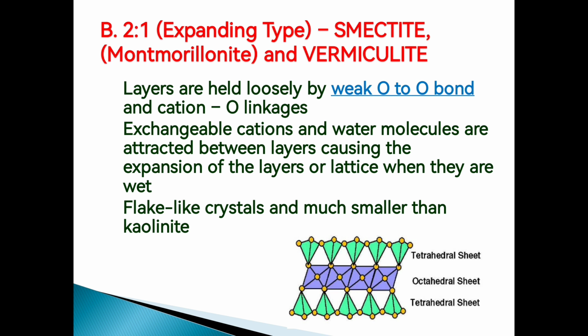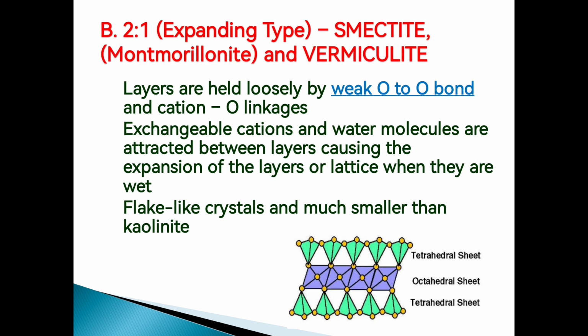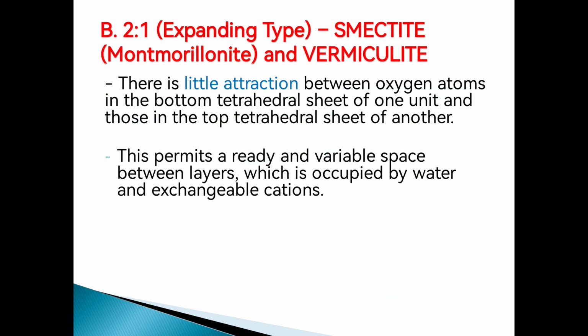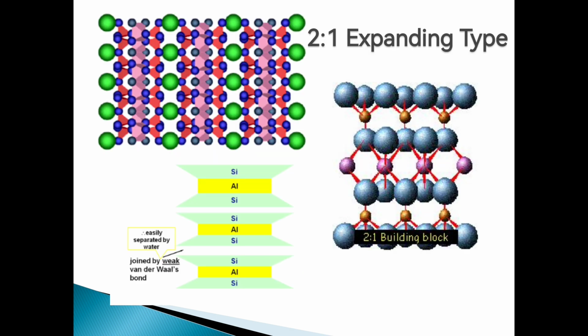So dahil hindi nga siya ganun ka-strong yung kanyang bond, unlike in kaolinite which has hydrogen bond, here the bond is oxygen to oxygen bond. And because of that weak bond, there will be attraction of cations and water molecules between the layers. Yun, sa in between nila, yung sa mga spaces na yan.